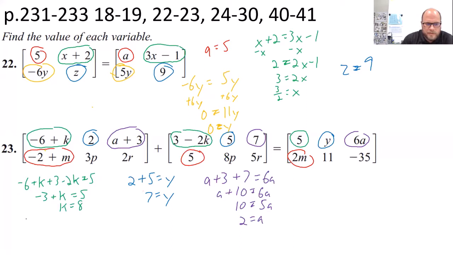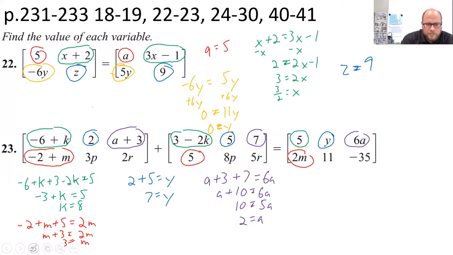The bottom left position there, -2 plus m plus 5 equals 2m. Combine like terms, -2 and 5. That's going to be positive 3. Bring this m over the other way by subtracting m. I end up with m equals 3. And that's it.